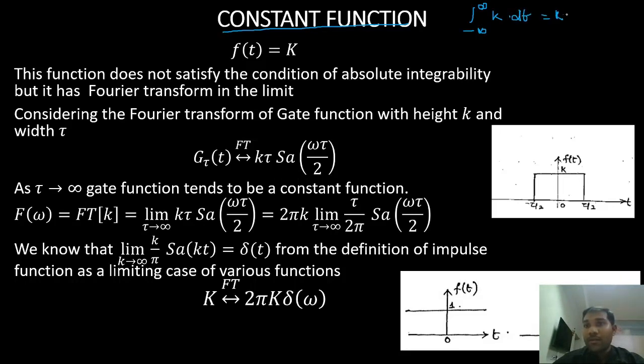K into the integration of dt is t from minus infinity to infinity. It becomes infinite. So using the formula of Fourier transform, that is the integral from minus infinity to infinity of f of t e power minus j omega t dt, we cannot find the Fourier transform of a constant function.